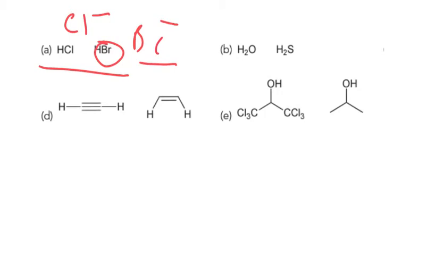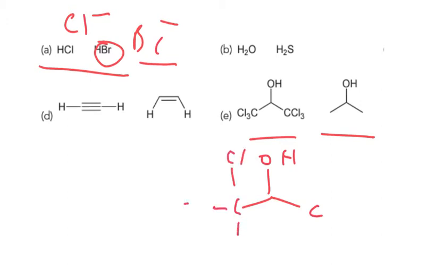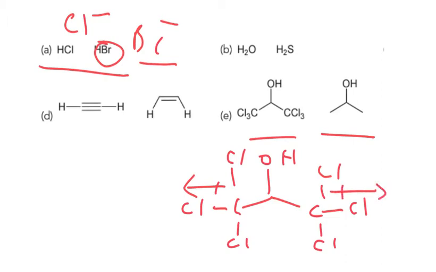Right? Let's look over here, because this example E is comparing something that we haven't talked about yet. So let's draw this alcohol out. All right, so these are 2 carbons, and each carbon has 3 chlorines attached. And then here, that's chlorine, and then this is also chlorine. So you've got to remember that chlorine is really electronegative. So there's a huge dipole moment pulling towards chlorine.